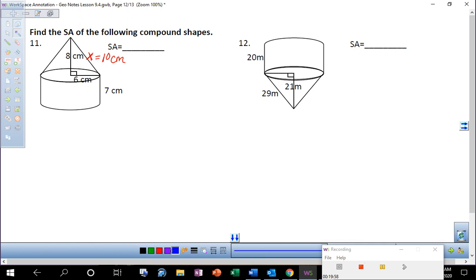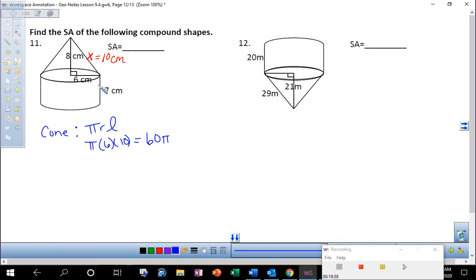So I'm going to start off with that cone, and this is how I keep my work organized. For the cone, I need the formula for just the lateral area of that cone, which is pi r L. So I can plug in my r, which is 6, and my L, which is 10. 6 times 10, I'm just going to leave it in terms of pi, so 60 pi for the cone.